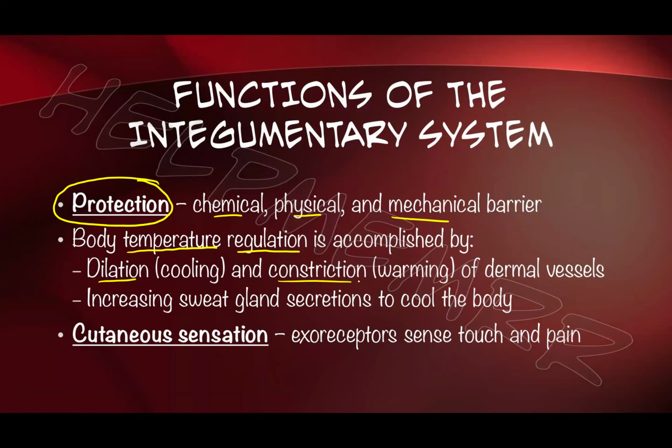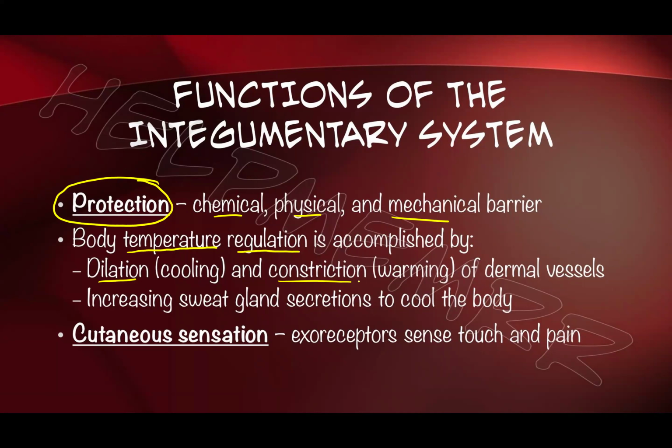If I dilate or constrict my blood vessels, I'm going to send blood quickly or slowly throughout the body. That way, I can actually warm up. We're warm blooded, so to increase our temperature, we can send blood to an area.